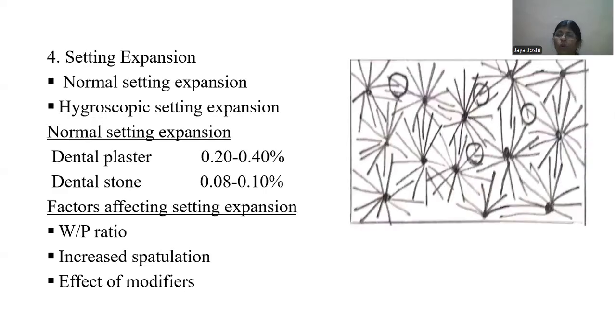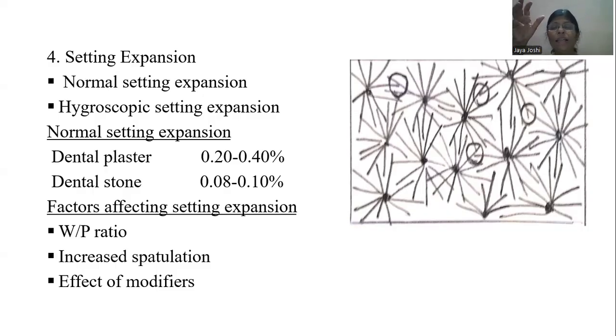Now, coming to the most important property of dental plaster or dental stone, setting expansion. The name itself suggests that on setting the material expands. There are three types of expansions which we see in dentistry: normal setting expansion, hygroscopic setting expansion, and thermal setting expansion. Out of that, two expansions we will be discussing in this chapter, and thermal setting expansion will be discussed during casting.